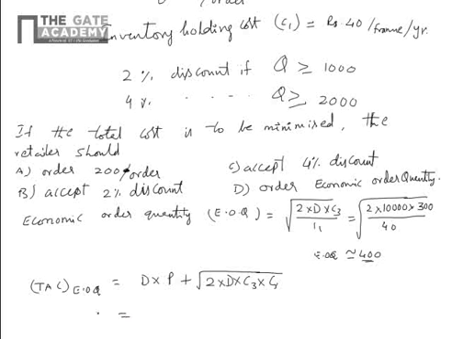So D is nothing but 10 power 4, into P, the price of the item, 200, plus square root of 2 into 10 power 4 into C3, which is 300, into 40. This is 1.